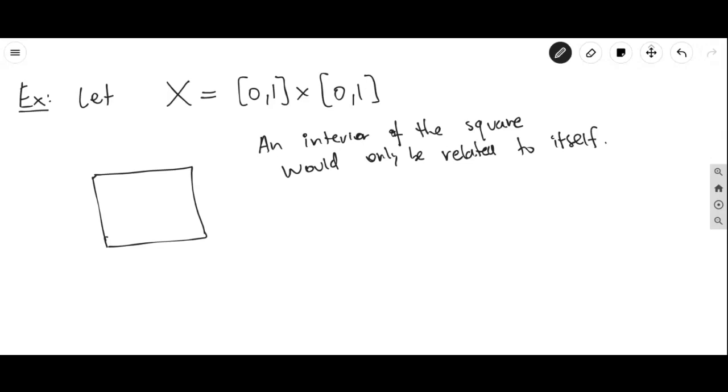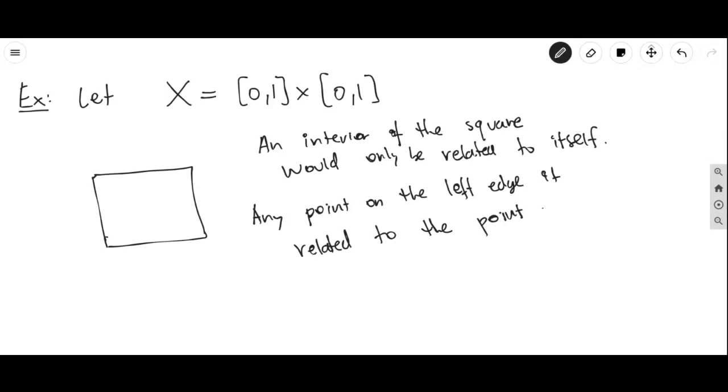And then you would say that any point on the left edge is related to the point on the right edge at the same height.